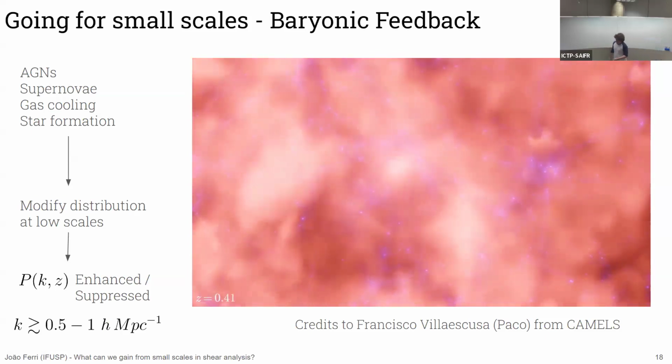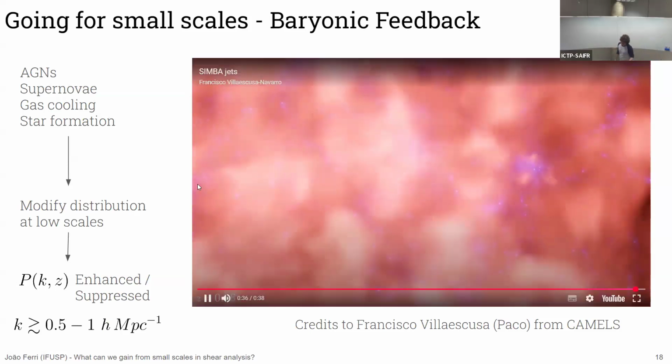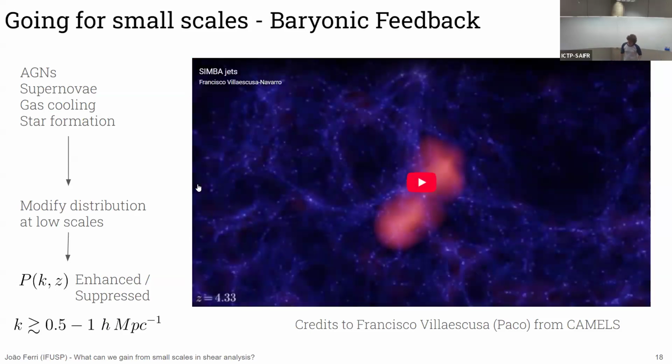And then you have an enhancement or a suppression in your power spectrum at these very small scales. So that's the basic idea.